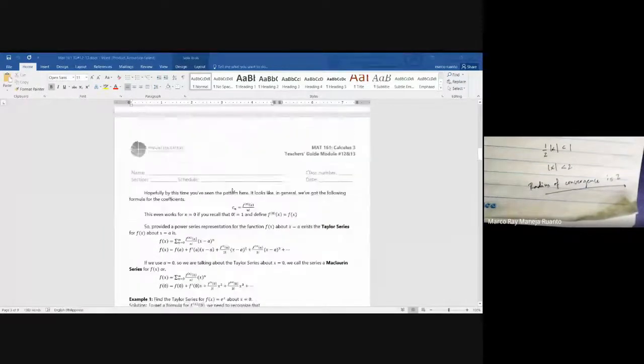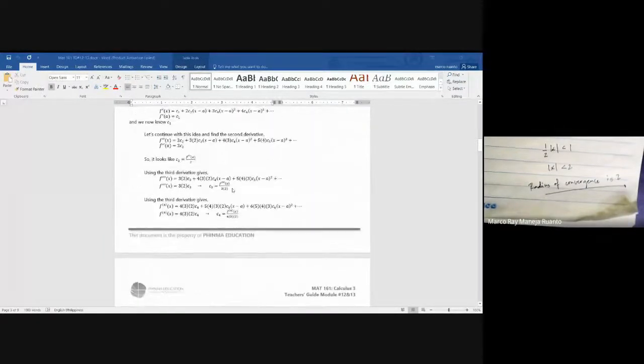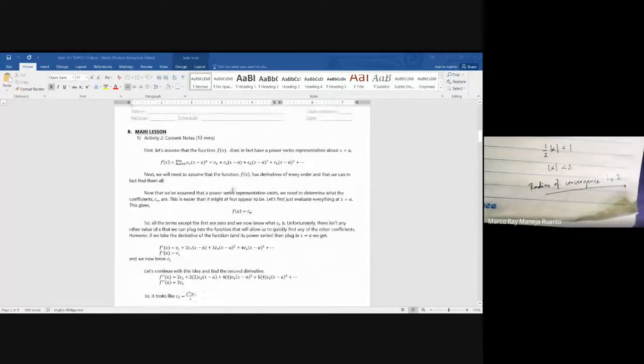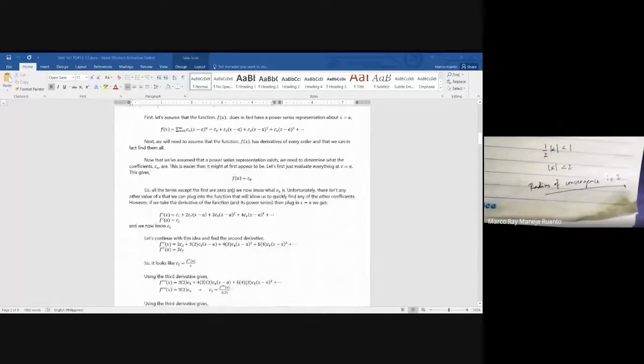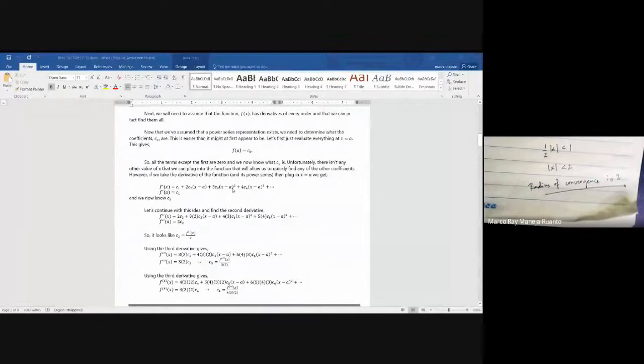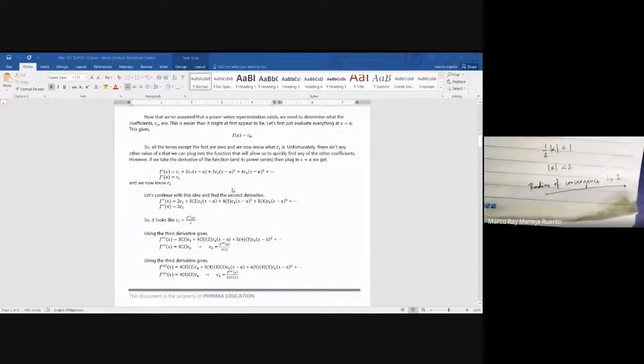Okay. Taylor and Maclaurin series are actually the same thing. The Maclaurin series is where your A is 0, you know? While for the Taylor series, you can have any values of A aside from 0.